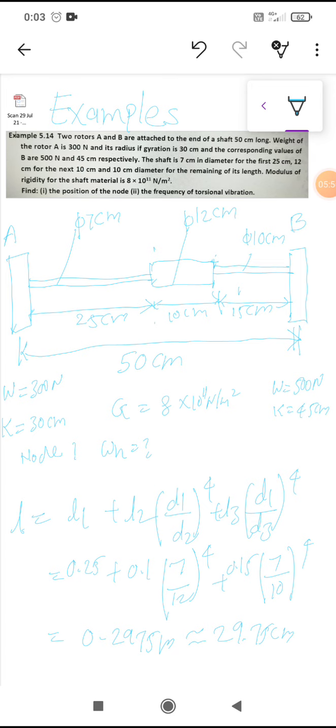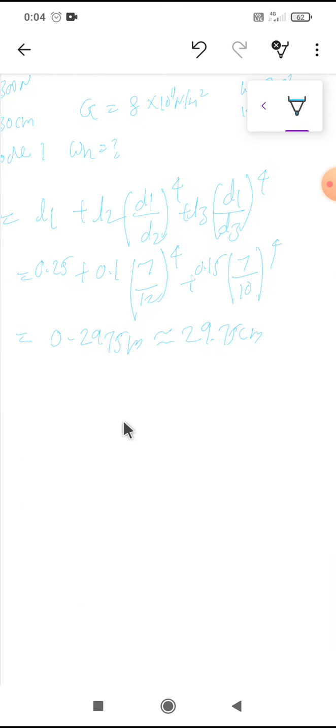Now, as we have got the length, we are interested in finding the node. As we have converted it into a single length, we have to find the node. How can we find the node?